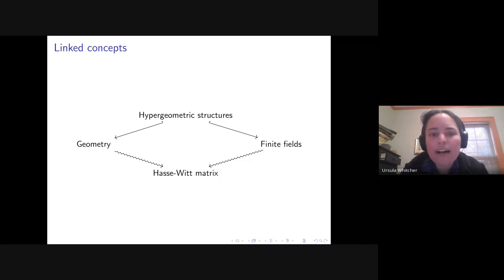But we're actually going to spend a lot of this talk focusing on the geometry part, which is the piece that I love and know most closely. So if you're hoping to see the number theory, you should think of the hypergeometric structure as this piece that's carrying along underneath, and that we'll see wrapping everything together at the end.